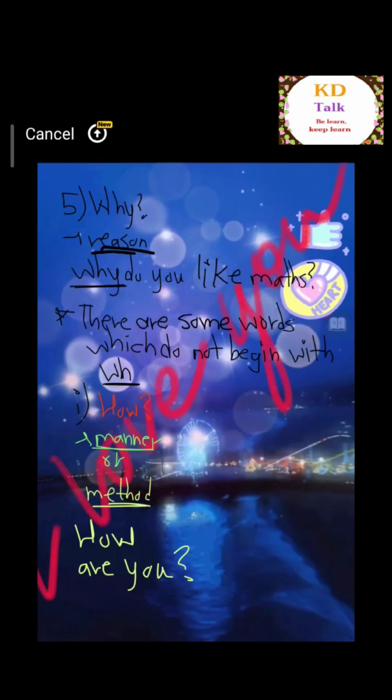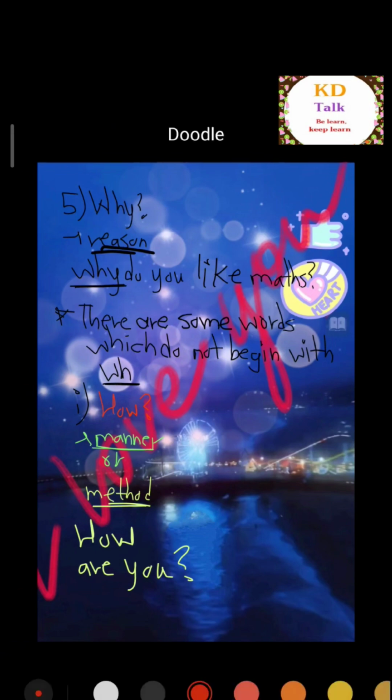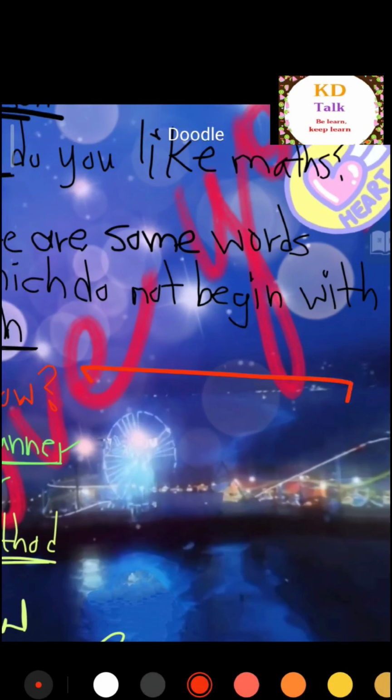Now let's see the remaining words that do not begin with WH but are part of WH questions, like how. Let's make a box here and write the other words. Here, let's get started. How many is also a part of WH questions, although it does not have WH at the beginning.